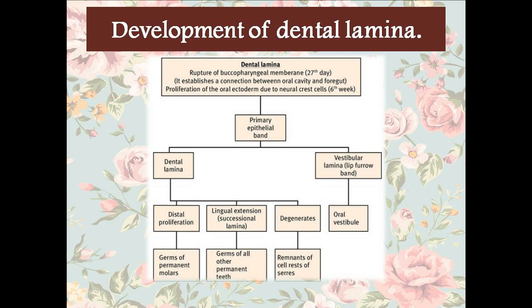It has a lingual extension, that is the successional lamina, which has the germs of all the other permanent teeth, and it degenerates later. Remnants might be left out, which are the remnants called cell rests of Serres, which appear as epithelial pearls or islands in the gingiva or jaws.